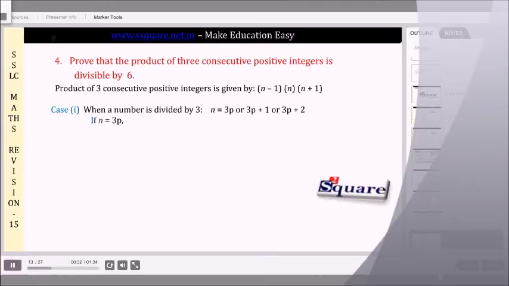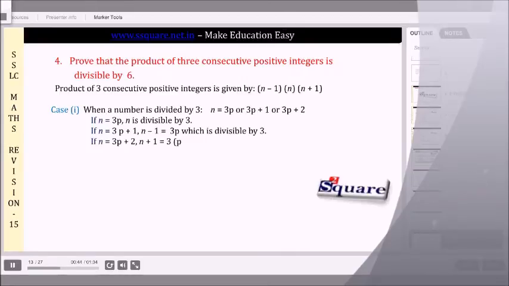So if n is equal to 3p, n is divisible by 3. If n is equal to 3p plus 1, then n minus 1 is divisible by 3. So if n is equal to 3p plus 2, n plus 1 is equal to 3 into p plus 1, which is divisible by 3. So n minus 1, n, n plus 1 is divisible by 3.